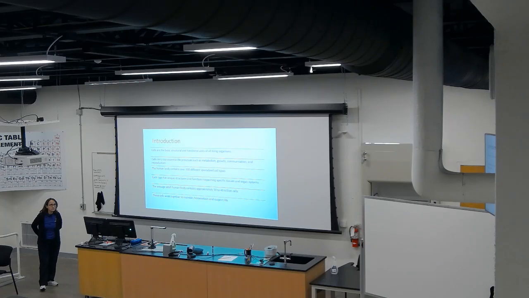So a cell is defined as the basic structural unit of living organisms. And cells, of course, are essential for life processes. They help us to have a specific metabolism, which includes all the chemical reactions in our body that happen at a given moment.